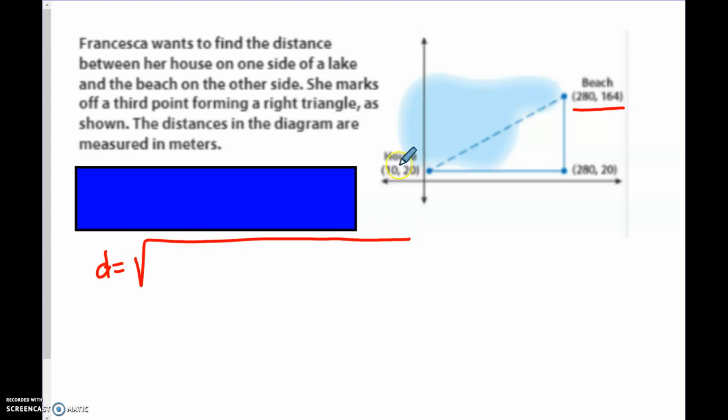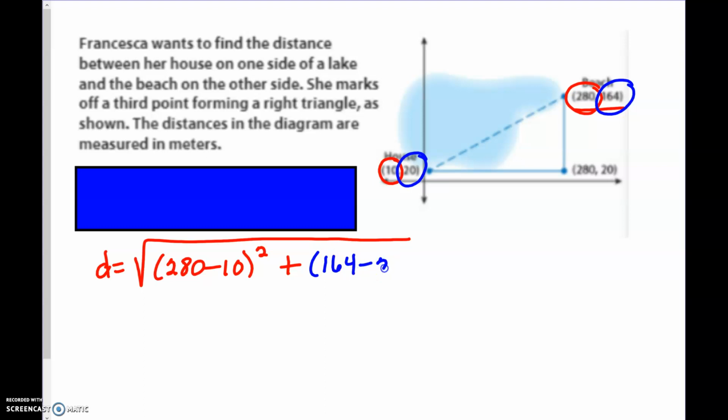We're going to take the x values and subtract them. So 280 minus 10 squared plus, now we're going to do the same thing for the y values, that's a 20 and that's 164. So we have 164 minus 20 squared.